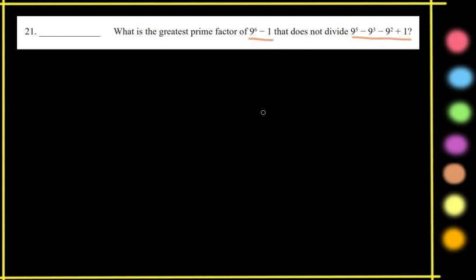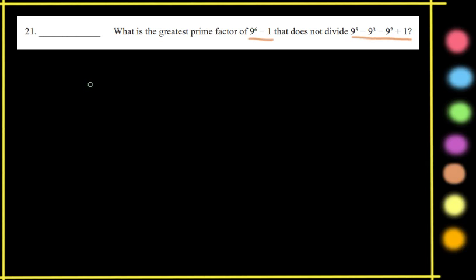Okay, so this problem is going to test your factoring abilities, and the first trick is to factor this one. If you consider 9 to the 6th as 9 cubed squared, you can think of this as a squared minus b squared, where a is 9 cubed and b is 1.